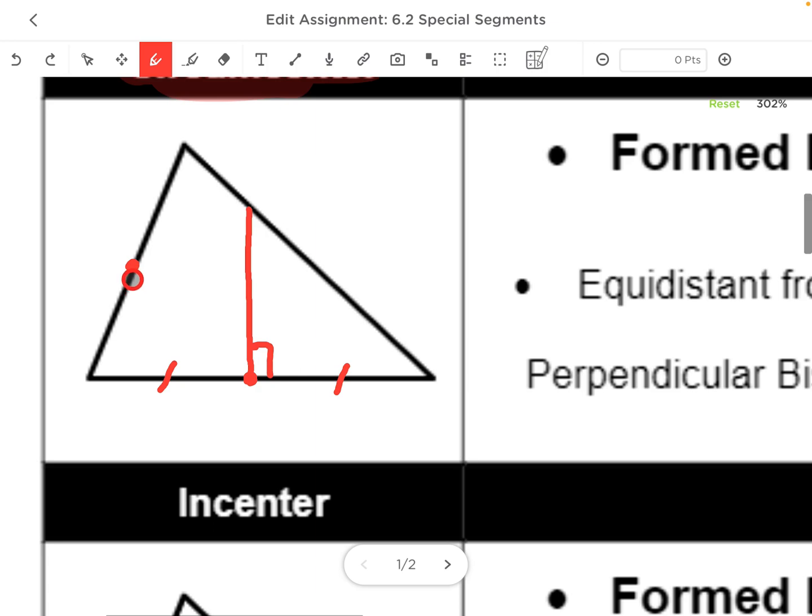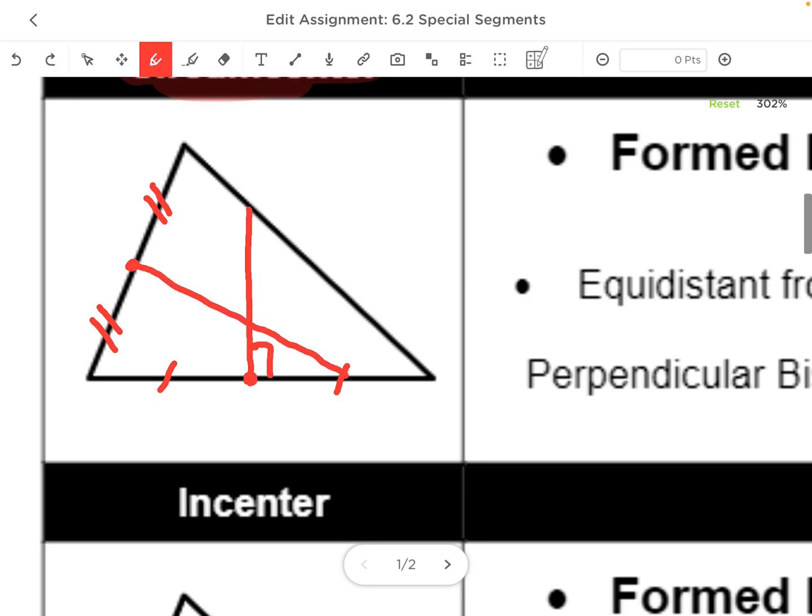Now let's look at this side. First off, let's label these two being equal. Since we used one hash mark here, let's use two for this side. If this side is labeled by 2, this one's also going to be labeled by 2. So this one and this one are equal. Now let's draw a line perpendicular to this. It's going to be at a 90-degree angle, so it's kind of weird.